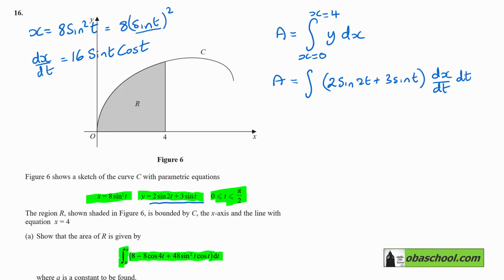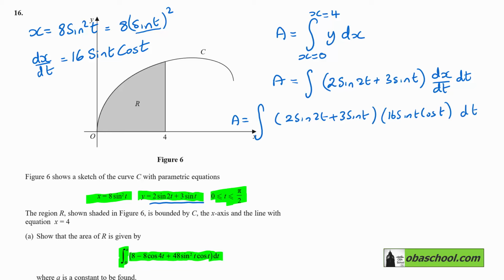So we can now write that a is equal to the integral of 2 sine 2t plus 3 sine t multiplied by 16 sine t cos t dt.